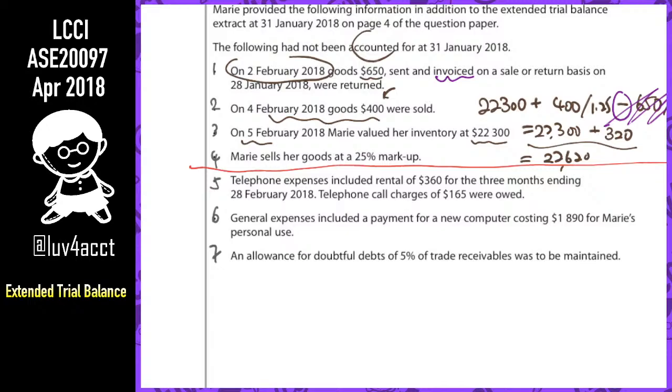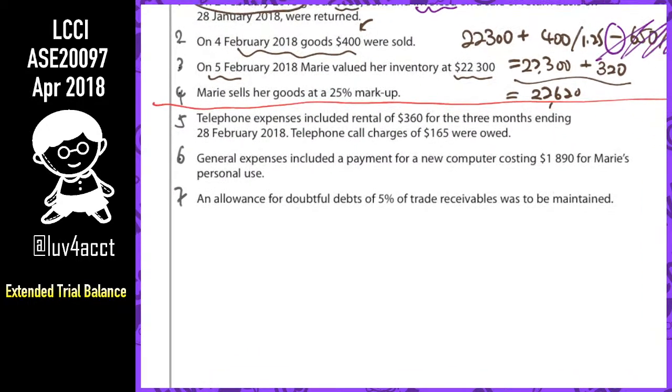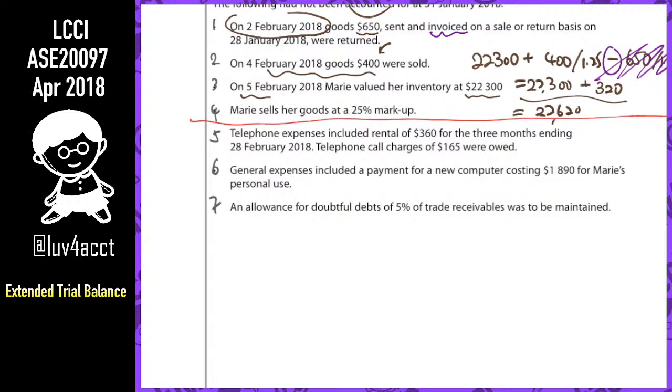Anyway, telephone expenses included rental of 360 for 3 months ending 28th of February. That is 1 month prepayment, so 1 month is 120 prepayment.